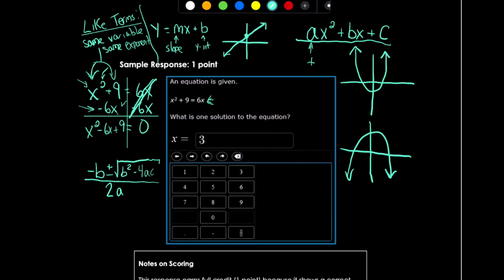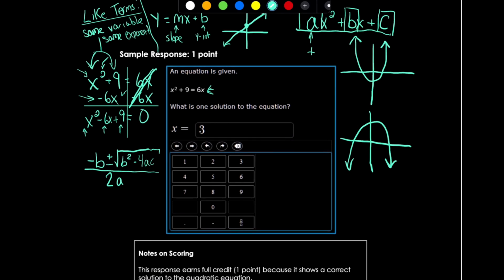So, we established A, B, and C way up here when we talked about what's in a quadratic equation. Okay? So now we're going to go to our equation, and we're going to identify what A, B, and C are. A is the coefficient of x squared, the number in front of x squared. In this case, we don't have one.